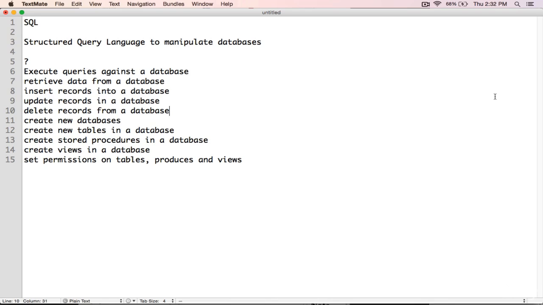Additionally, again, if you're going to build a website in SQL, you're going to want to use a little bit of HTML and CSS as well.